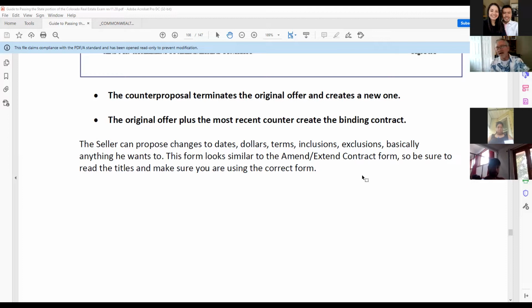It was staying, and then it wasn't, and it was going, and it was staying. They couldn't decide because of the price. Finally, they decided, okay, we'll go ahead and put the washer and dryer in, but it didn't show up on the last counter, even though it was written somewhere in the middle. If it doesn't show up on the last counter, it's not part of the agreement. It's the original plus the most current. That's the binding agreement. Making sense? Okay.